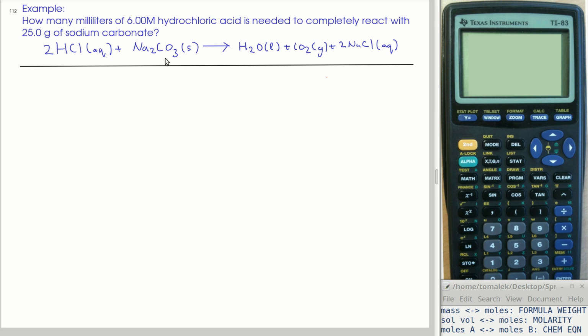Now, some advice here before you just start calculating stuff. In a problem like this, you know that it's going to be more than one calculation. The problem's going to have more than one step. So my advice is to always start out by figuring out what you're going to do first. What I like to do is actually write a plan of the calculations I'm going to do before I write any numbers down.